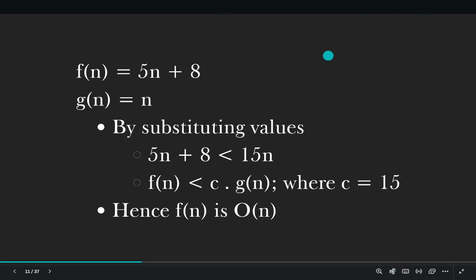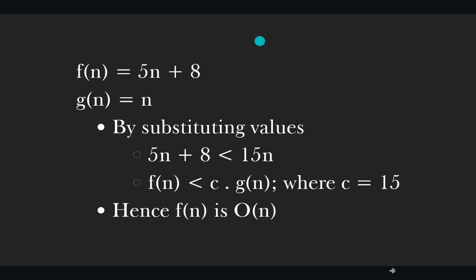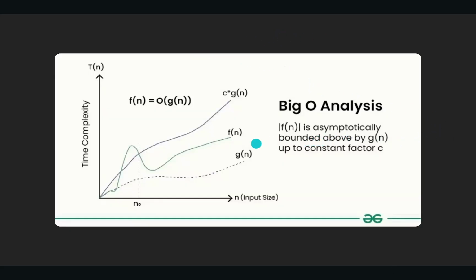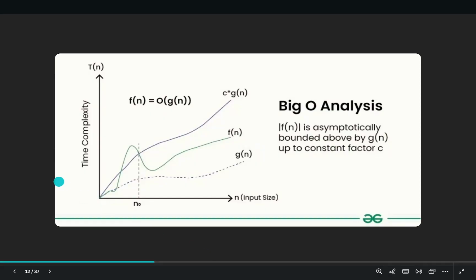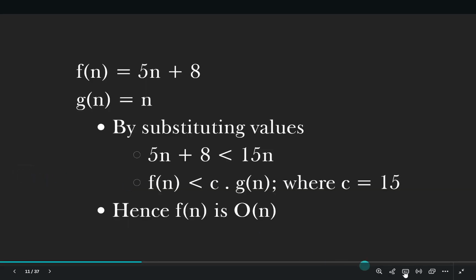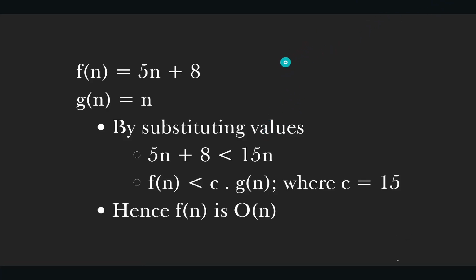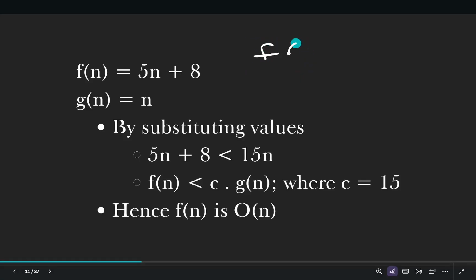So let's say there is another function such that f(n) equals 3n plus 7 or something.